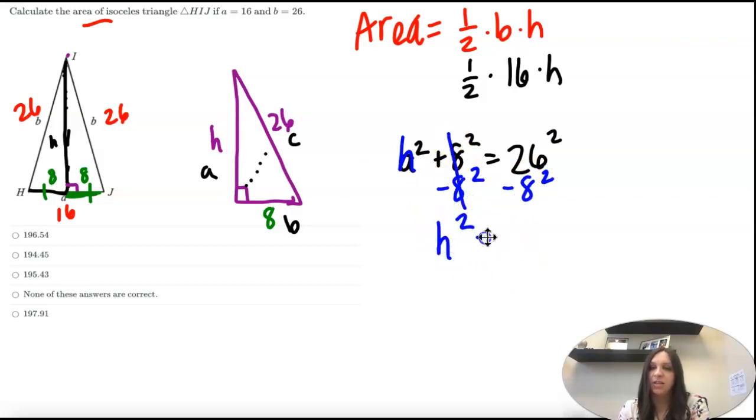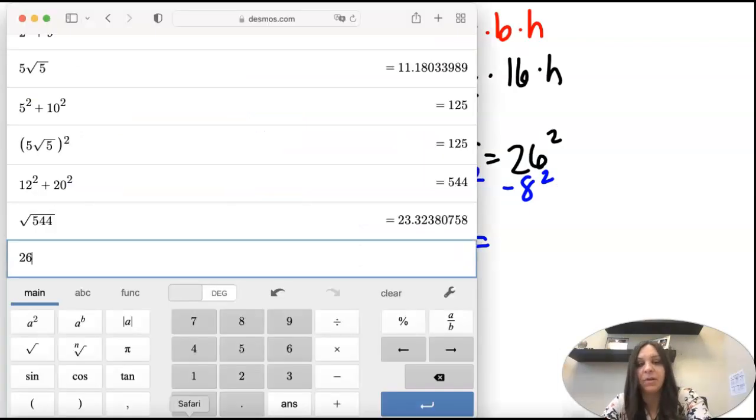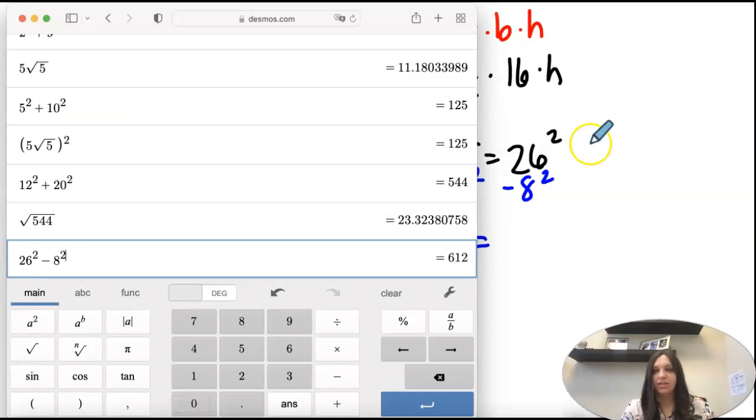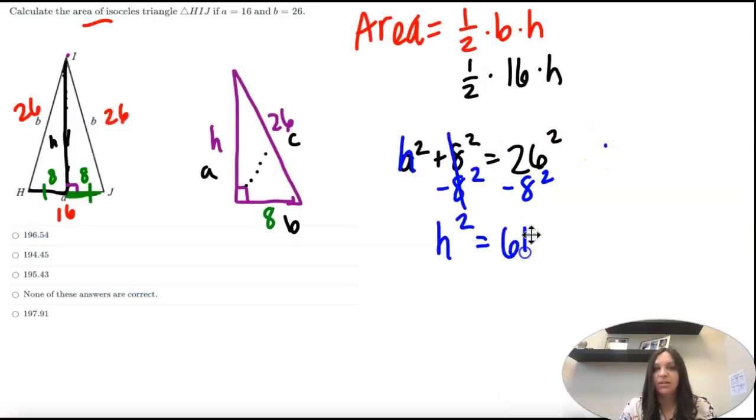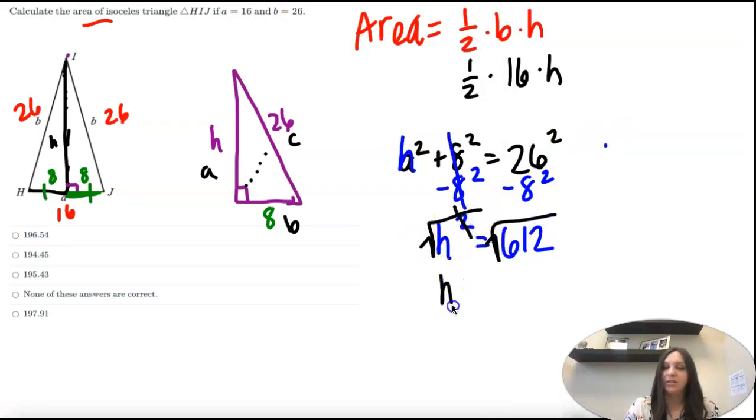That leaves me with H squared equals 26 squared minus 8 squared, which is 612. I don't want H squared, I want H, so I'm going to square root both sides.